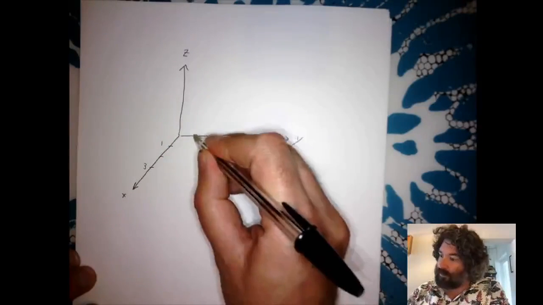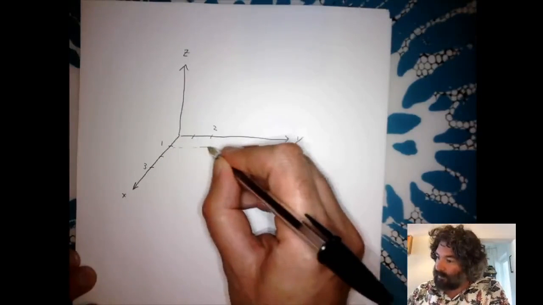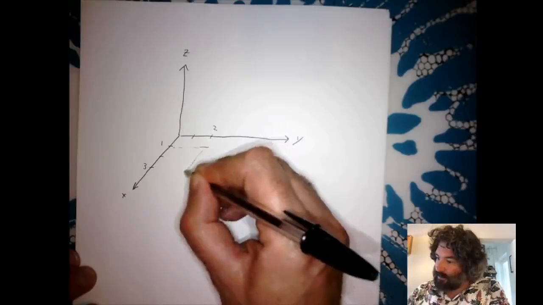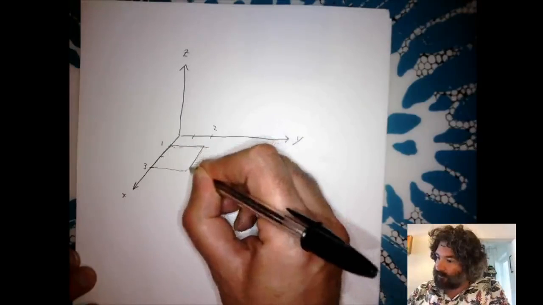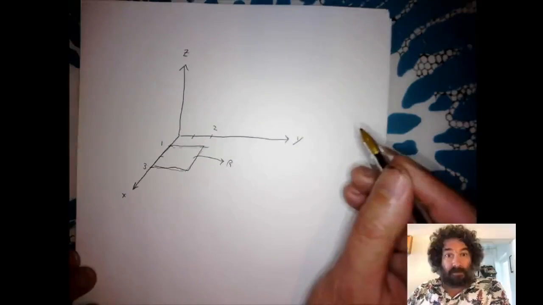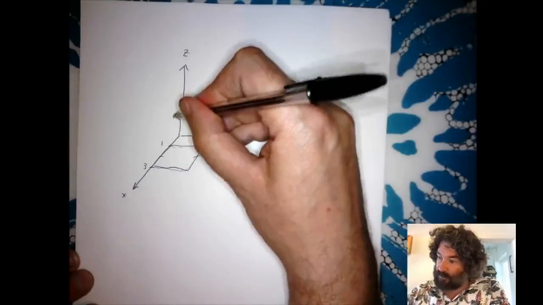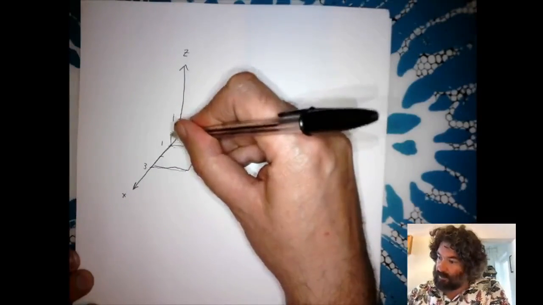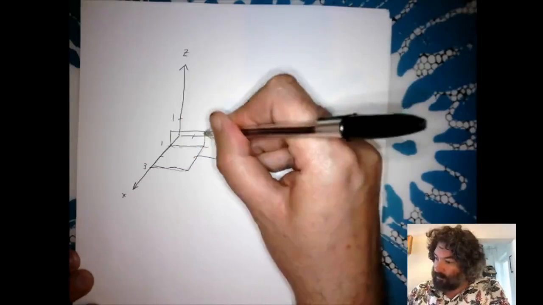Y went from 0 to 2. So that's the rectangle R that we integrate over. And then the function we integrate is f equals 1. So here's 1, and this is just a cuboid that we're finding the volume of.